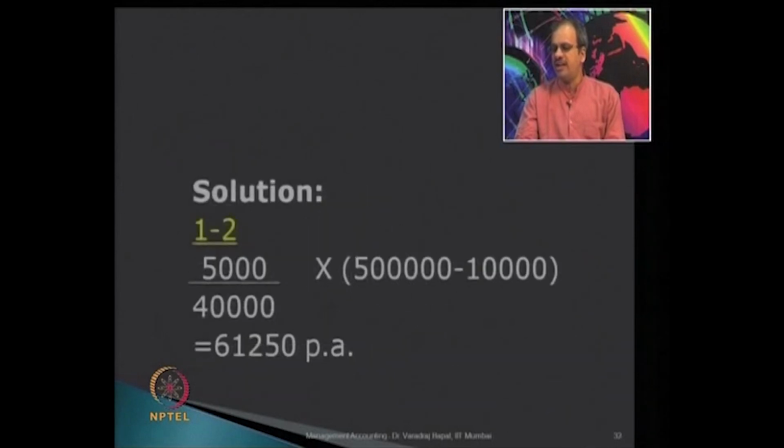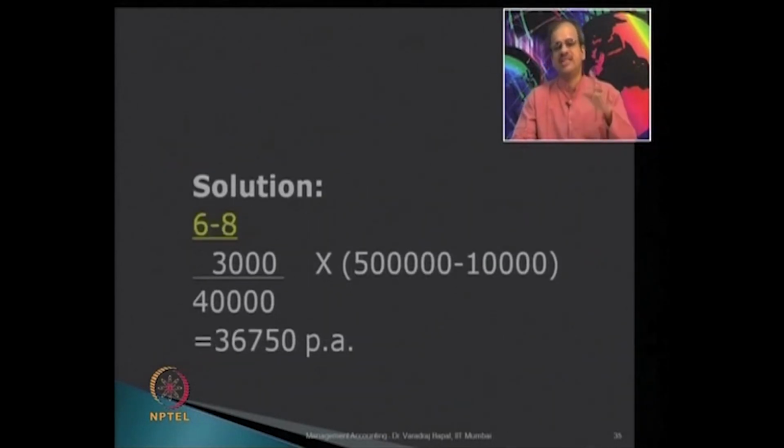So, we have calculated depreciation according to the use. That is why this is a better method than the earlier two methods, but the only disadvantage is you should have reliable estimates on the number of hours the machine is likely to be used.